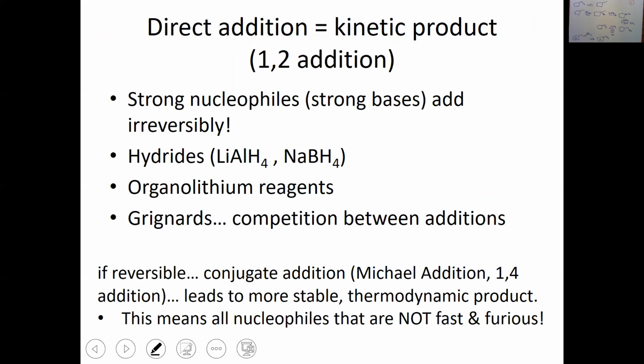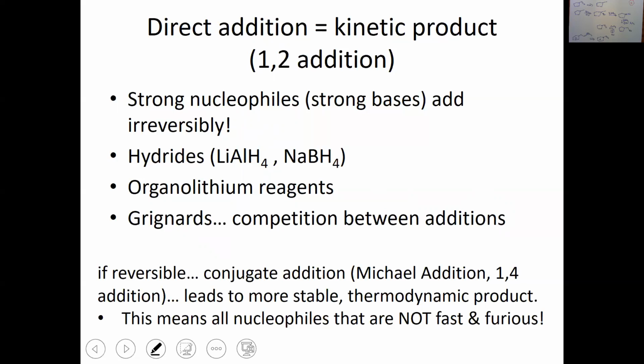If you attack the carbonyl, that's called direct addition. Things that do direct addition are strong nucleophiles, things that add irreversibly. As we walk through the mechanism, that will make a little more sense. Strong nucleophiles that add irreversibly give 1,2 direct addition, the kinetic product.